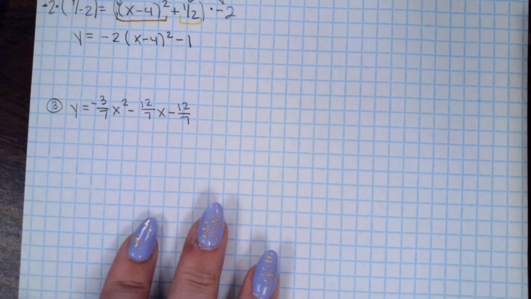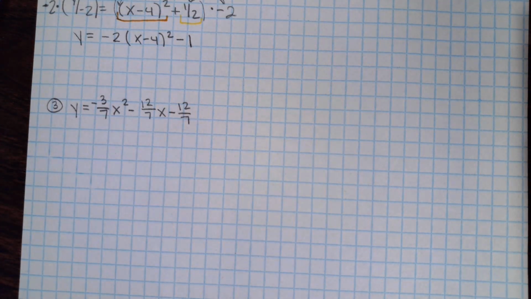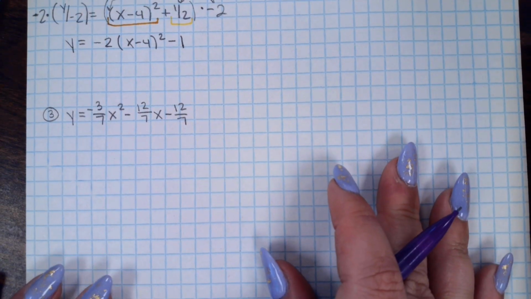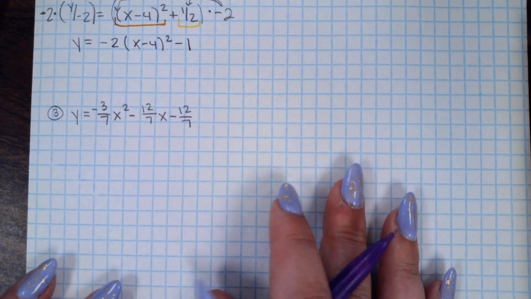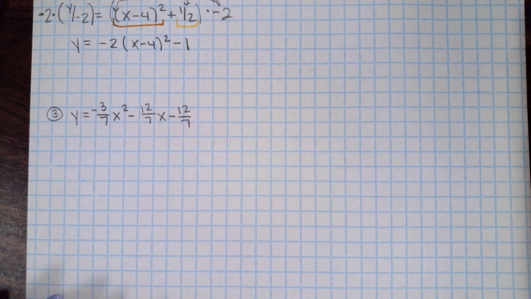All right, the last one. This one looks a little intimidating, but once I show you, it's really just one little extra step. Other than that, it's exactly like the other ones that we've done. So we have fractions here. I don't love dealing with fractions, so I want to make these all whole numbers.